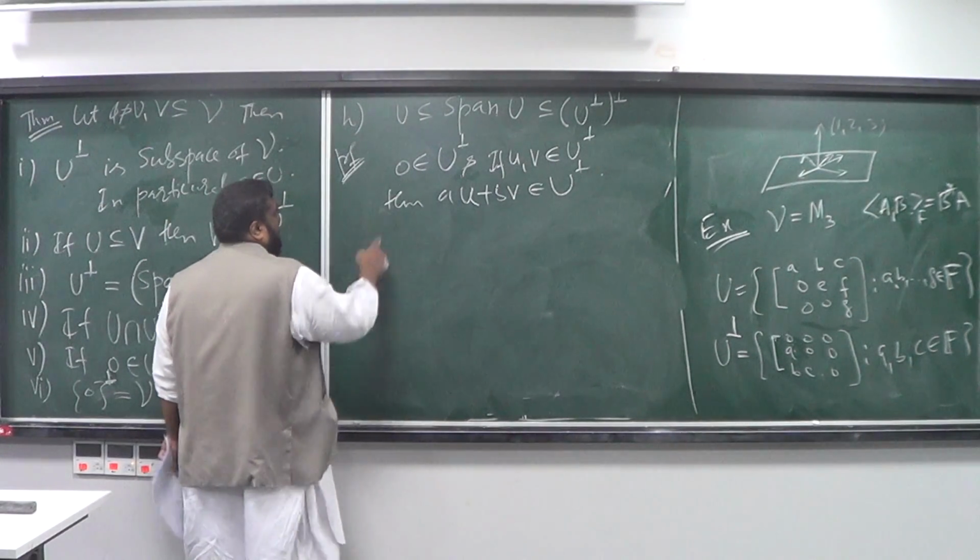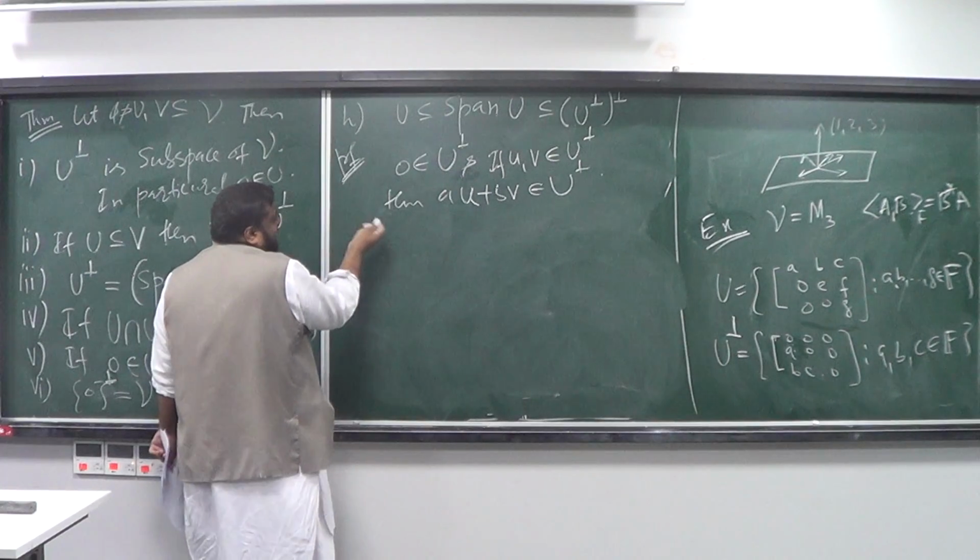So how can I show that 0 is in U perp? This is trivial.